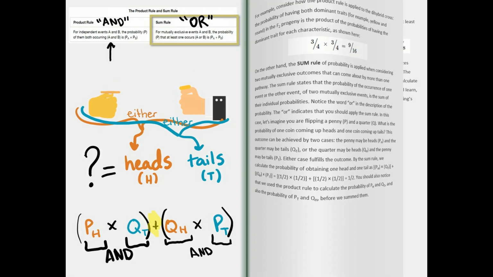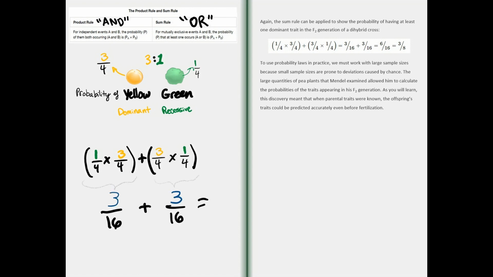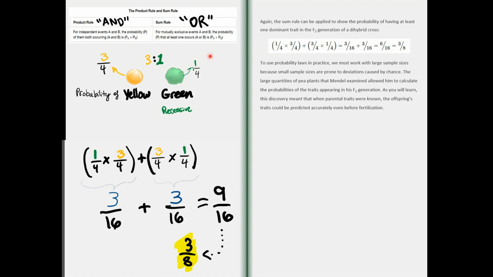So as a recap, for the product rule, for independent events A and B, the probability of them both occurring, meaning A and B, is the probability of A times the probability of B. And for the sum rule, for mutually exclusive events A and B, the probability that at least one occurs, so A or B, is the probability of A plus the probability of B.